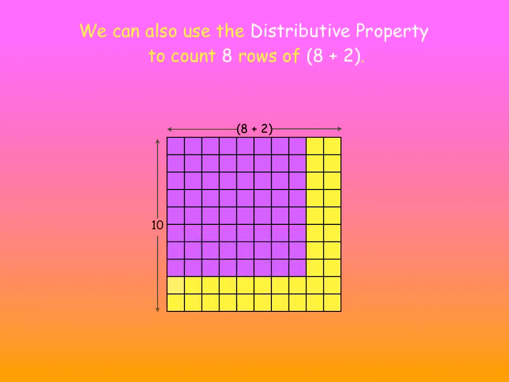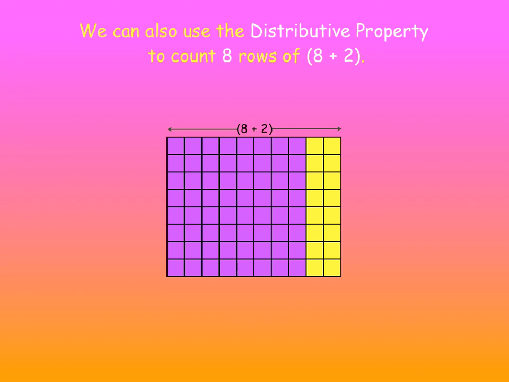We can also use the distributive property to count 8 rows of 8 plus 2. Eight times 8 plus 2. Here we go with the distributive property. How many purple? 8 times the first number, 64.